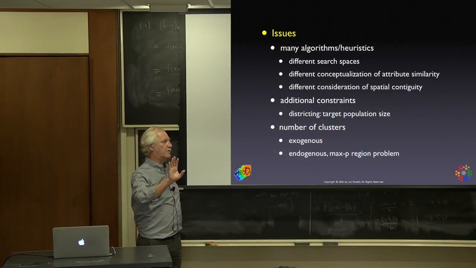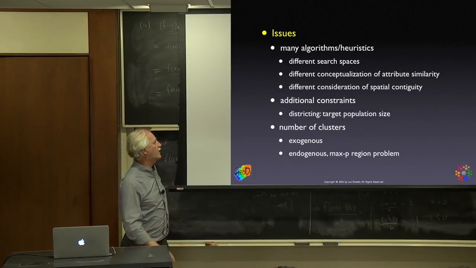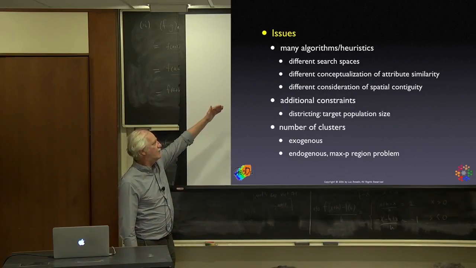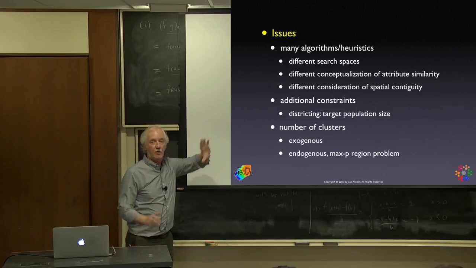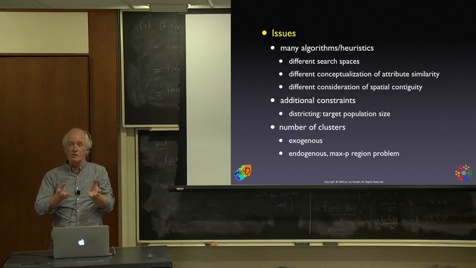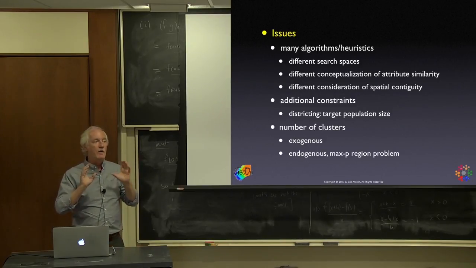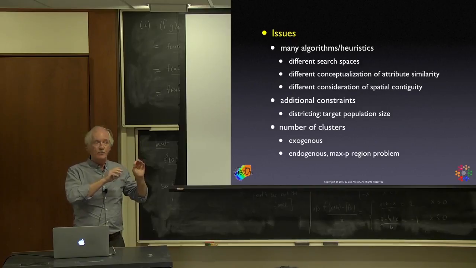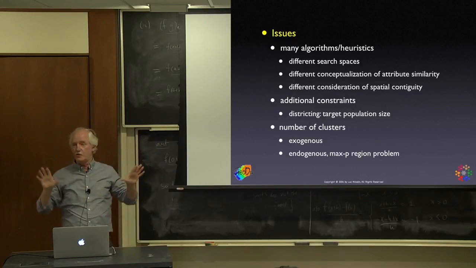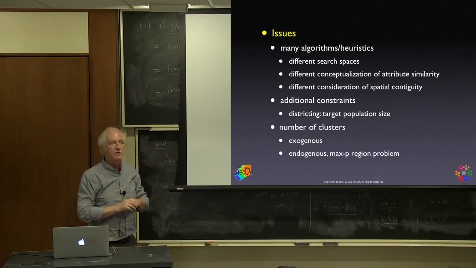There's a whole literature on spatially constrained clustering. We have different search spaces. For example, the minimum spanning tree constrains our search space. Those are the only combinations we look at. We start with the full contiguity structure, but we don't look at all of them. We only look at the ones in the minimum spanning tree.